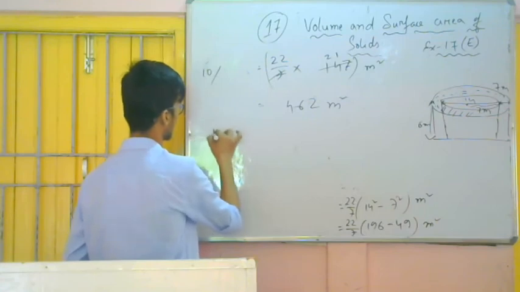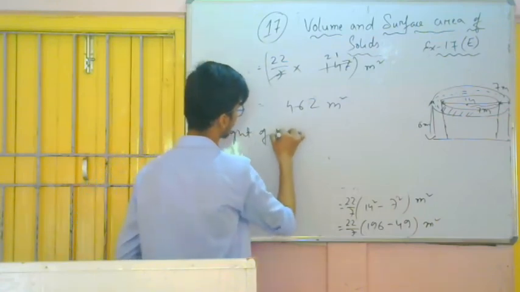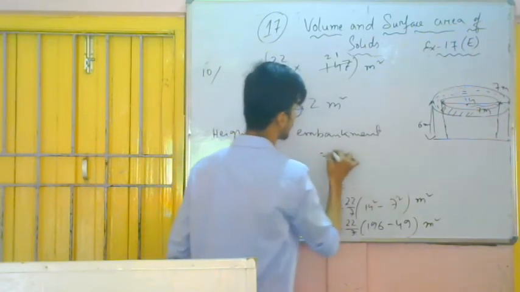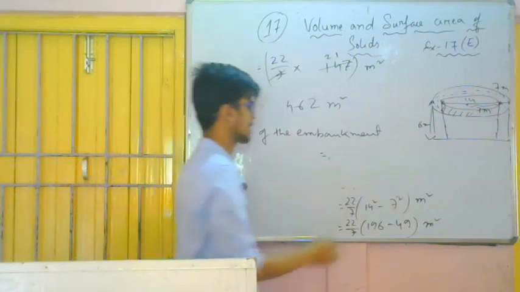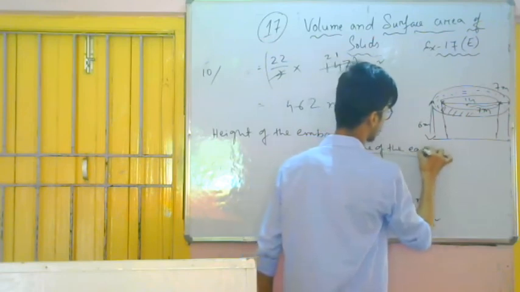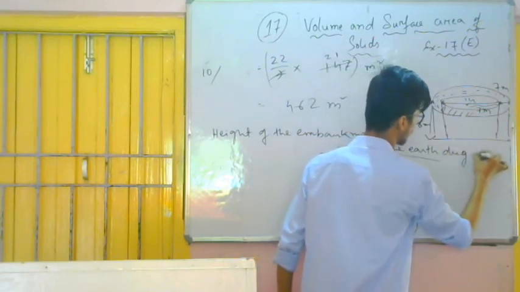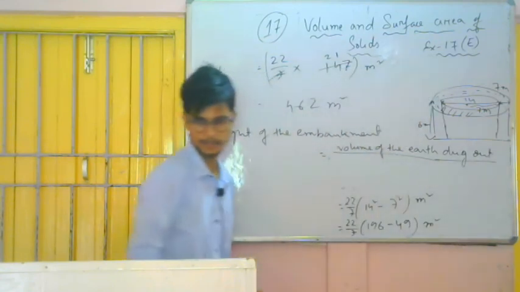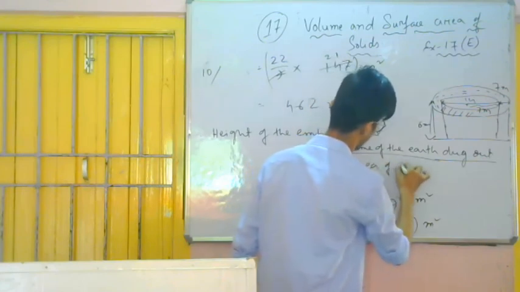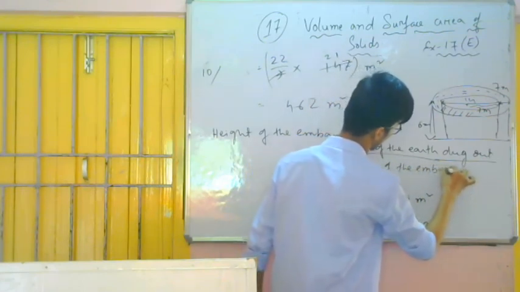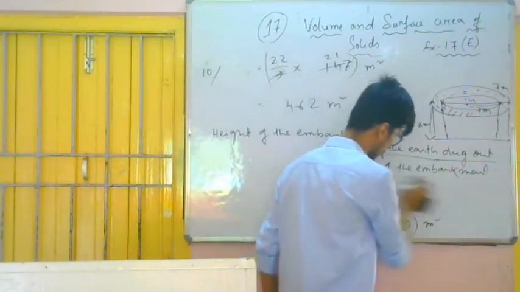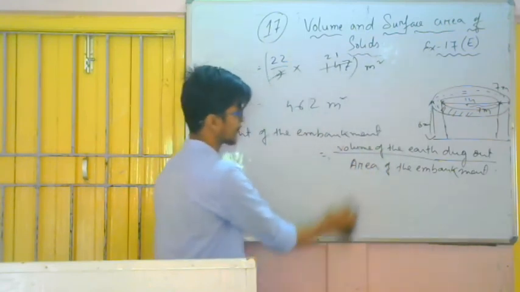Therefore, height of the embankment will be the volume of the earth dug out divided by the area of the embankment. Just now we have found this one.